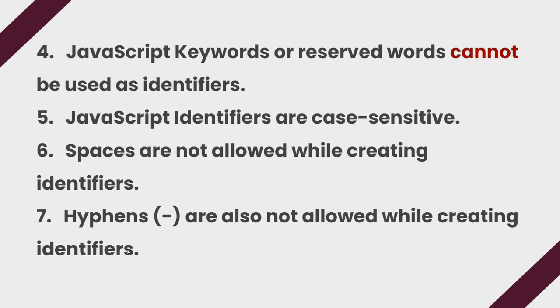And this is because JavaScript actually renders the hyphen symbol as subtraction, that's the minus sign. So if you were to have first name and you put a hyphen between the first and the name, to you who declared it, you might think it is first name. But to JavaScript, that is first minus name.